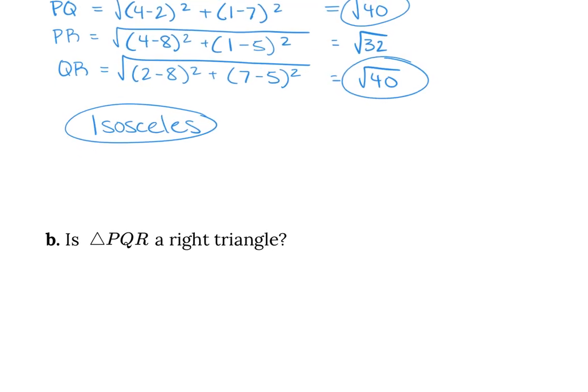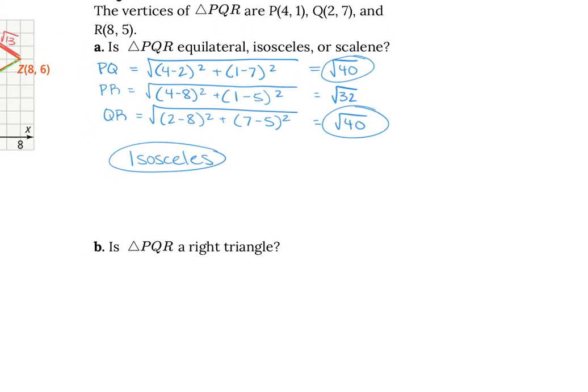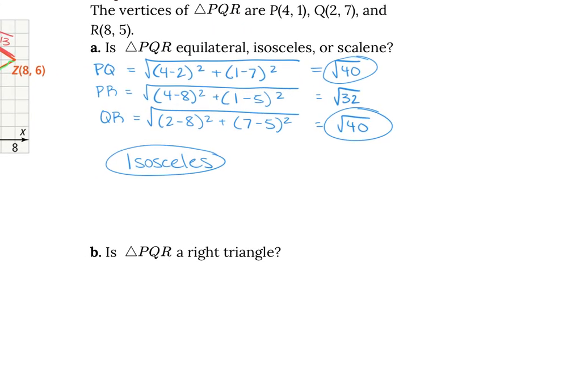All right, for part B, we want to check to see if this is a right triangle. So to do that, we're going to check our slopes. And remember, to be right triangle, we need perpendicular sides. So we want a slope or a set of slopes that are negative reciprocals of each other.